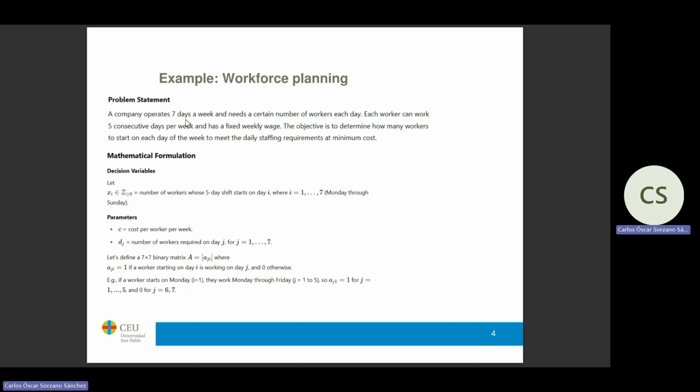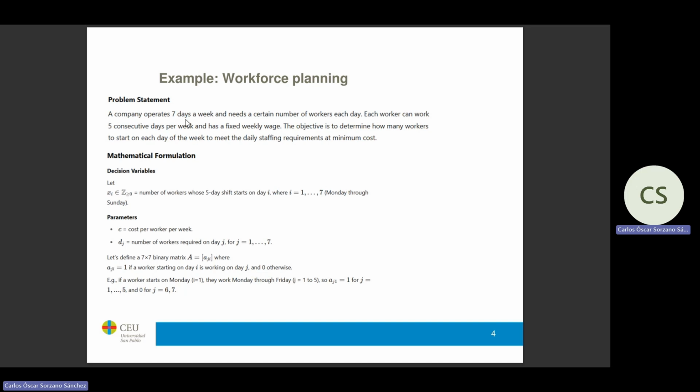So we will define a matrix that only takes values 0 or 1, and the ji element will be 1 if a worker who started on day i is working on day j. And so you will have 5 ones in a row.